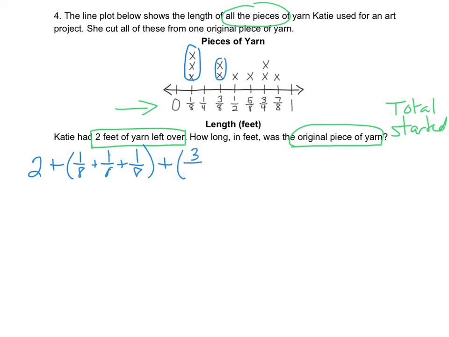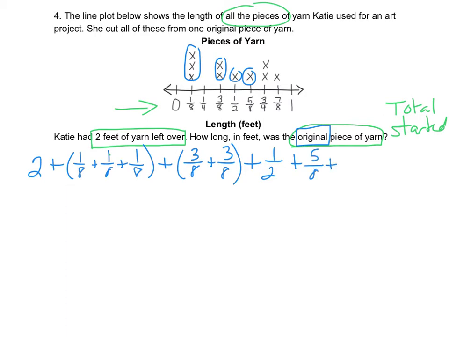So now I'm going to add 2 3/8. So 3/8 plus 3/8. I'm adding again, so I want to find my original piece of yarn in feet. So now I'm going to do 1/2. I don't have to put that in parentheses because it's by itself. Next is going to be 5/8.